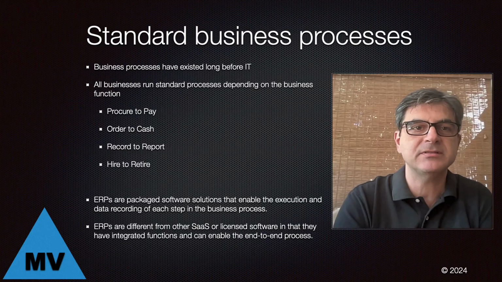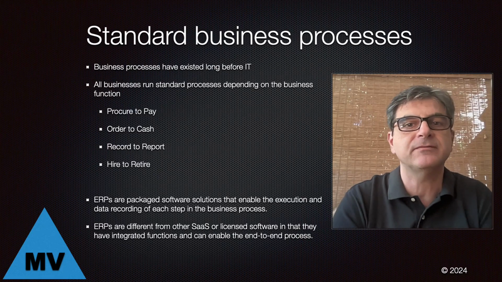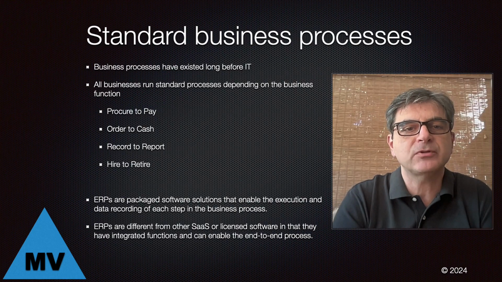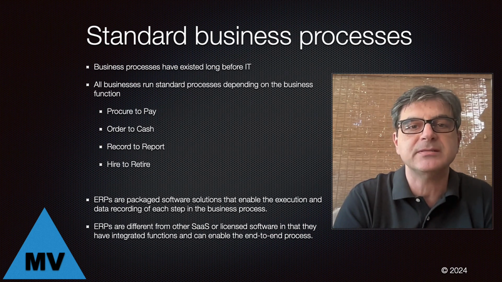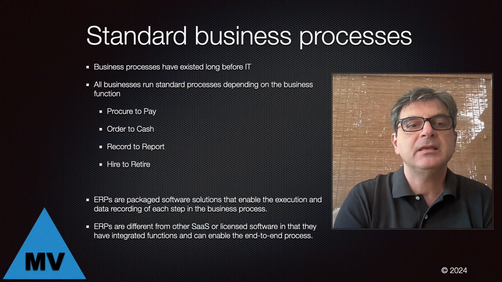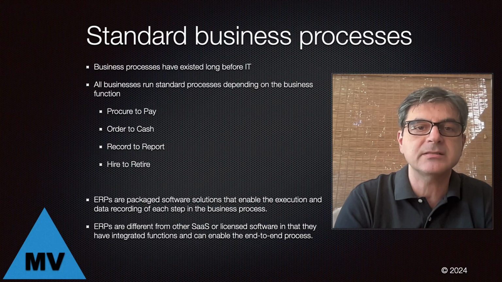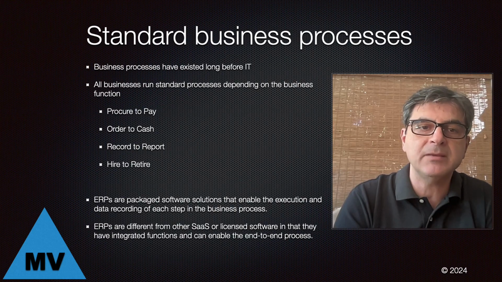There are other processes, of course, but this is a short list of very common ones. ERPs are packaged software solutions that enable the execution and data recording of each step in the business process. ERPs are different from other SaaS or licensed software in that they have integrated functions and can enable the end-to-end process.